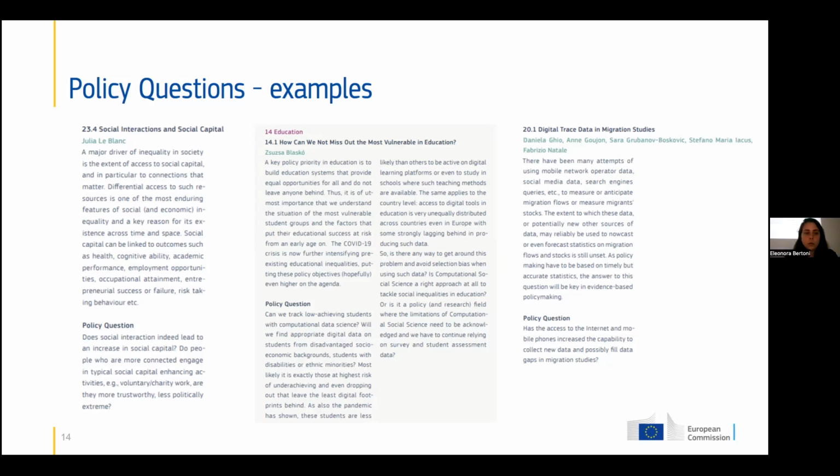One is related to social interactions and social capital, another one on a specific field of education, and another one on digital trace data in migration studies. This type of exercise was really well received by JRC colleagues. It was a really interesting process to see all this material come together.